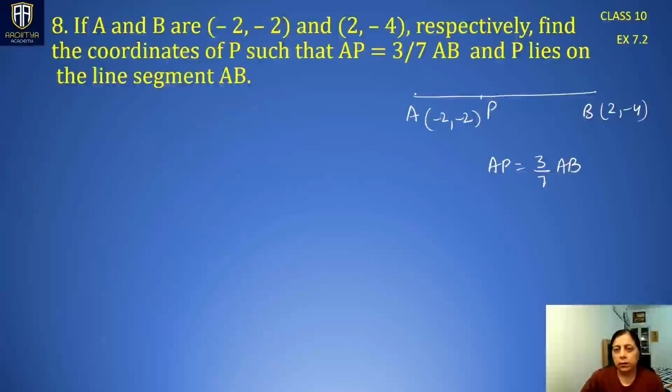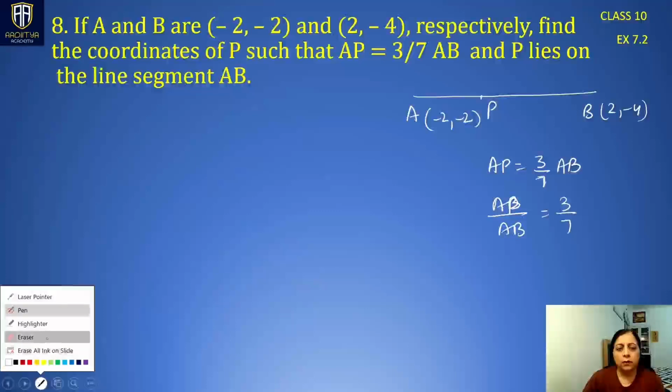So here is a trick in this question. Generally, children go very fast by this, like AP is to PB is equal to 3 is to 7. But be careful. Here it is AP divided by AB is 3 by 7. Right?